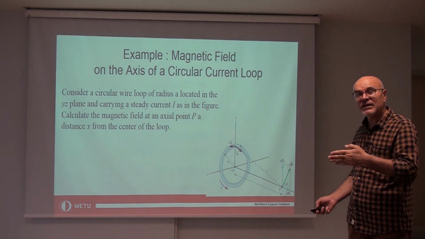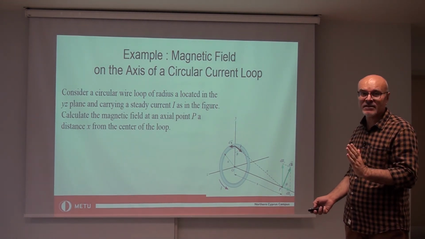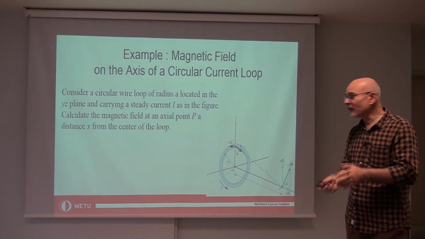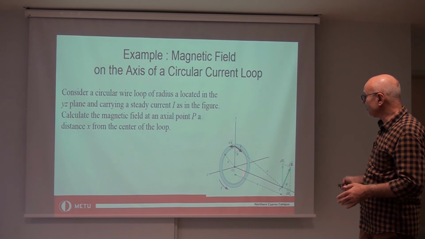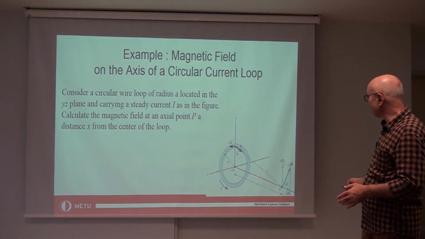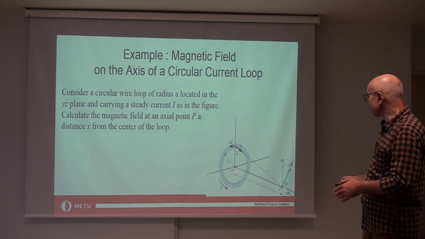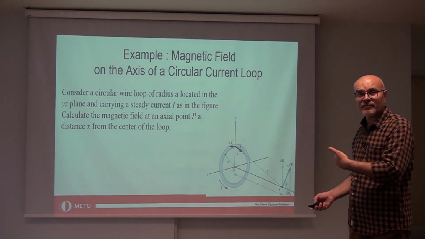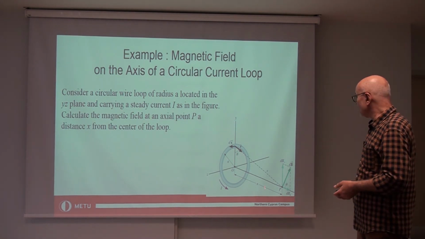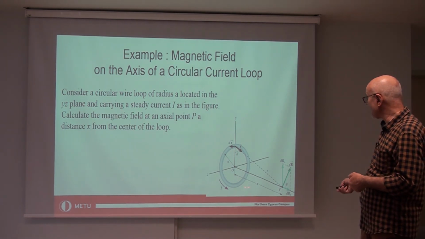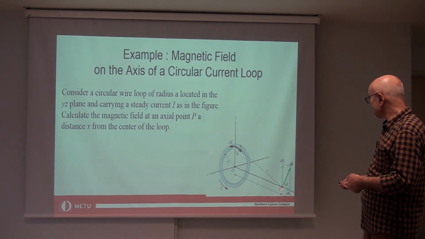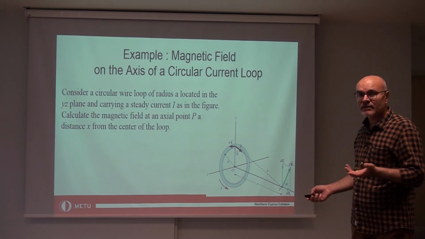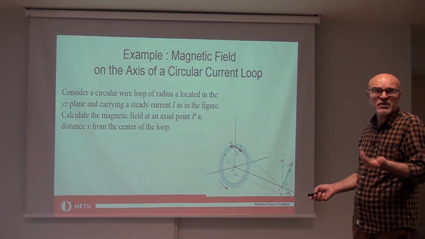We don't have a field in the direction normal to the axis. The meaning of this is that the field of the current flowing in this ring, at a point P at a distance x along the axis, is just along the x-axis. In this case, it is in this direction. What I need to worry about, therefore, is just dBx.